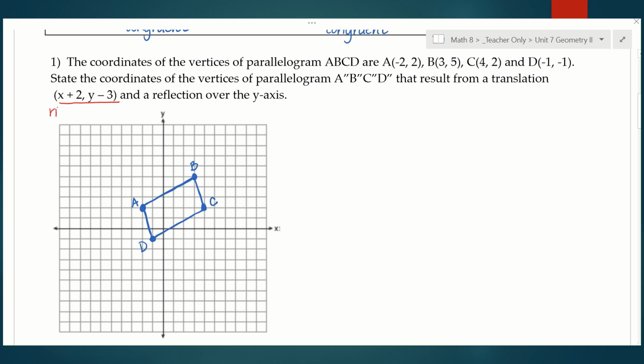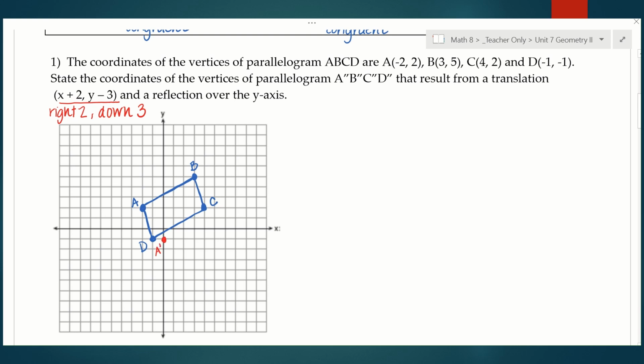So I'm just going to write right under here. This will go right 2 and down 3. So you're going to take each of your points and count in that direction and put your new point. So for A, I'm going to go 1, 2 to the right, 1, 2, 3 down, and here is A prime.